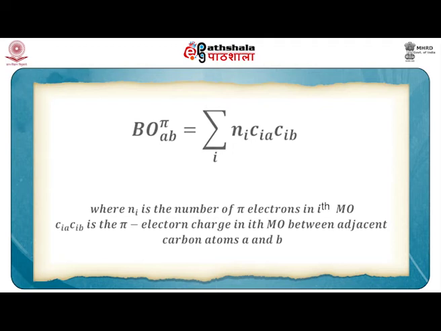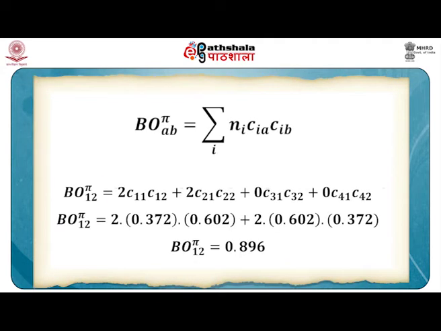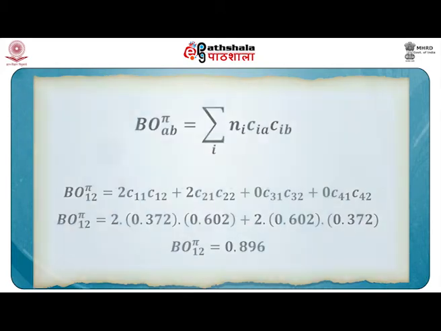In the case of butadiene, if we calculate the pi bond order between carbon atoms 1 and 2 using the above expression, we will find that this value comes out to be 0.896. All the values which we have substituted are very obvious and we have discussed them many times.